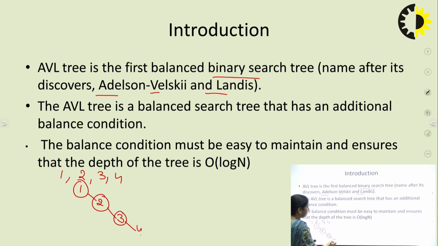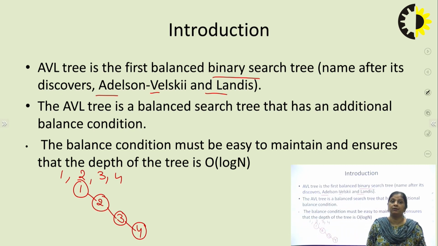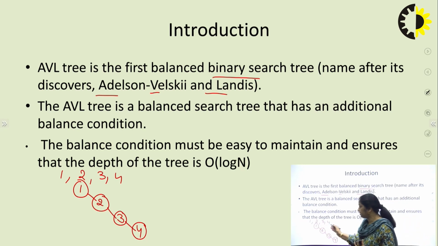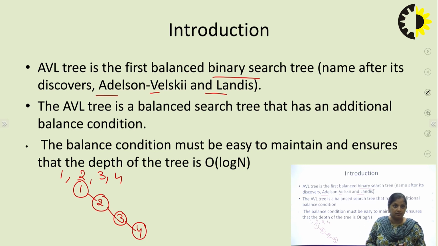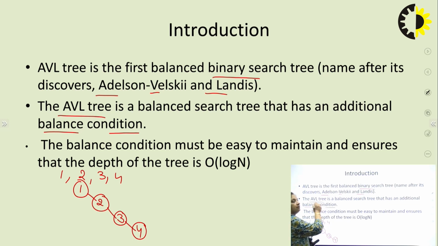So we can see here that binary search trees are used for fast searching, but when we see this particular order, we can see that it is just comparing all the values in the worst case, 1, 2, 3, 4, just as we do in linear search. Okay, so we can add some additional balance condition to this binary search tree, that is our AVL tree.